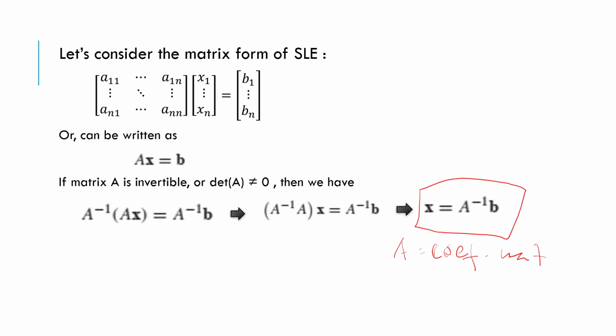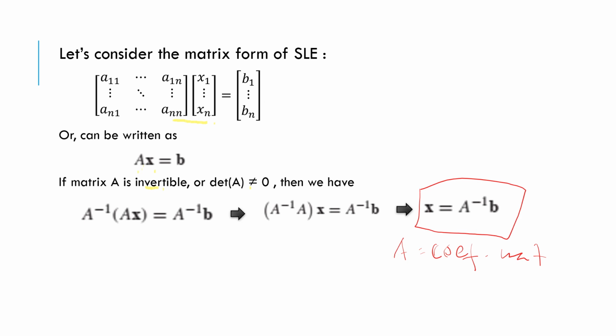This system can be written in matrix form like this: A times x equals b. Now, since A, the coefficient matrix, has a determinant which is not equal to 0, it means matrix A is invertible. It means matrix A has an inverse.